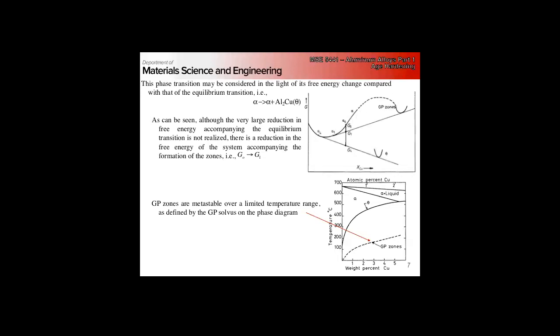If I take a tangent here, this is my chemical potential of aluminum in alpha. My chemical potential of copper in alpha would be up here. And since the first nucleation event doesn't actually change my overall composition, my driving force for nucleation will be this difference here.